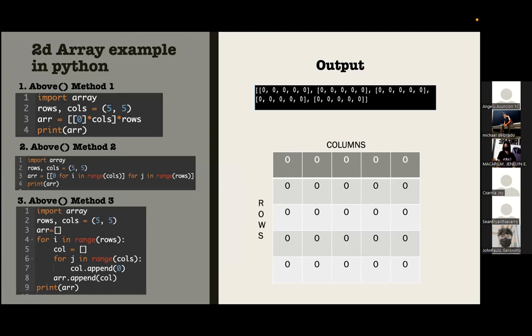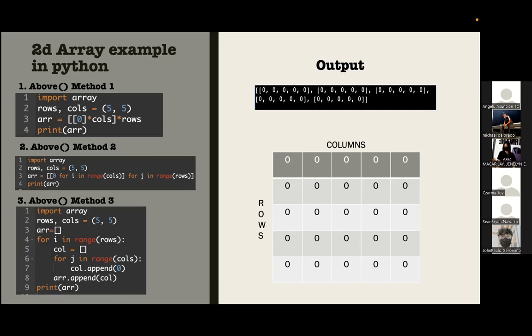The first thing we will do is import the array. Then next, we will put the value of rows and columns equal to 5 and 5. Once we have done it, the output will be 5 rows and 5 columns. And next, we will put arr equals square bracket 0, multiplied by columns, and then we will put print arr.